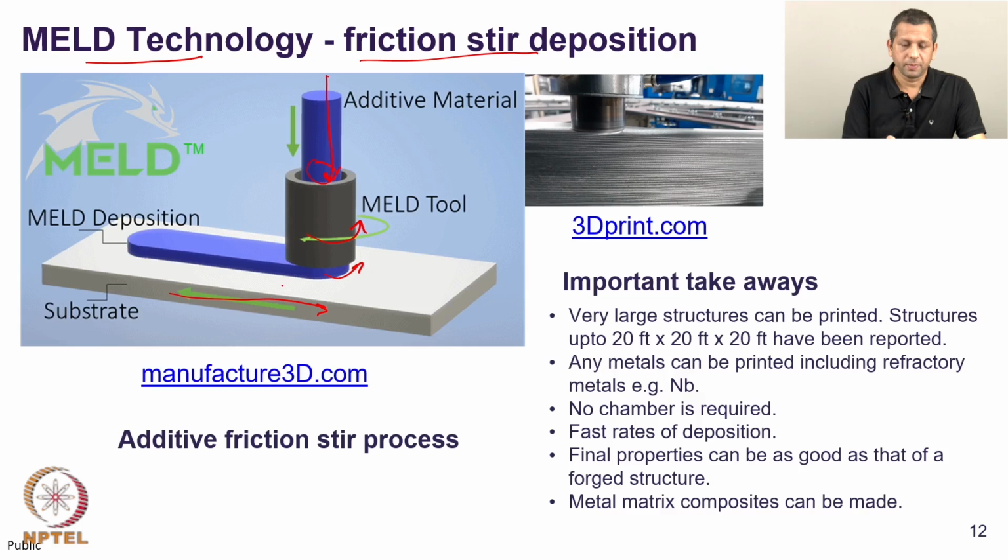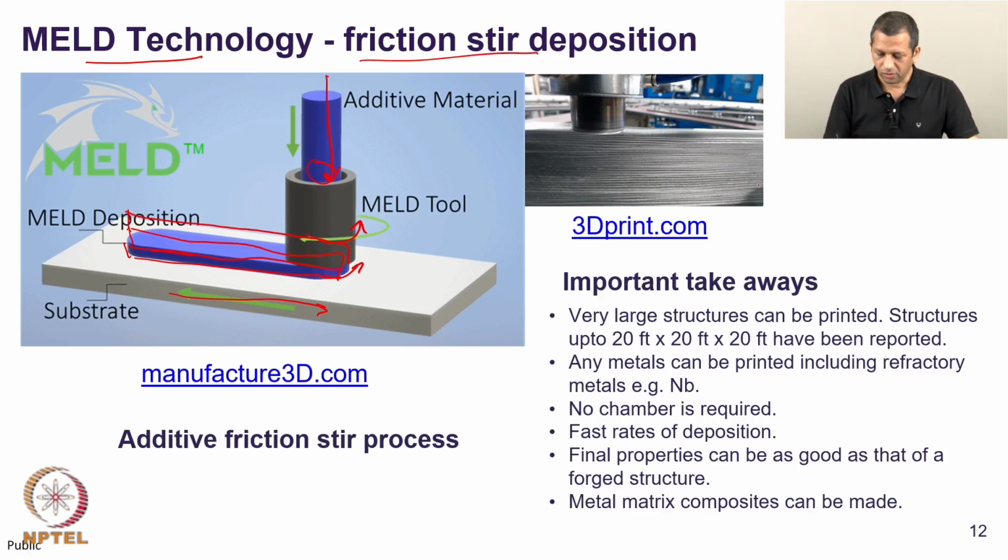Because of the severe plastic deformation and heat, the feedstock gets deposited on top of the substrate, and if this process is repeated, we can create another layer of the feedstock on top of it, and thus additive manufacturing is done.